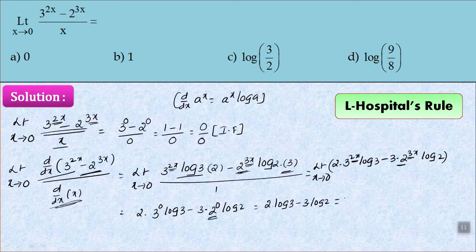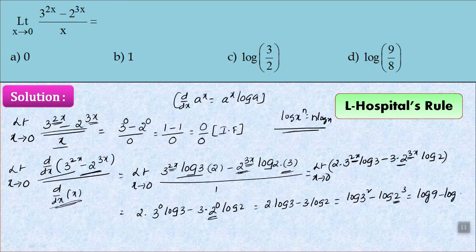We know that log x^n is equal to n into log x. So here 2 log 3 can be written as log 3 squared, minus 3 log 2 can be written as log 2 cubed, which is log 9 minus log 8.